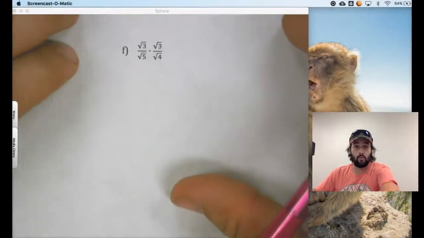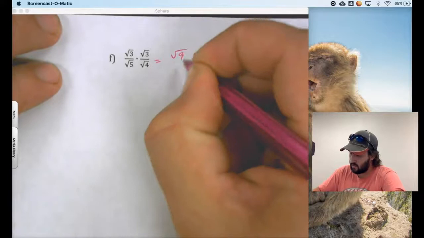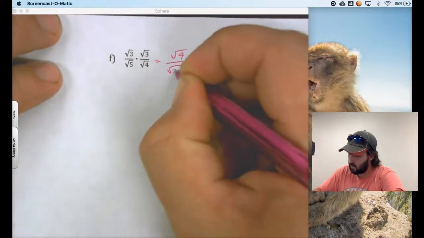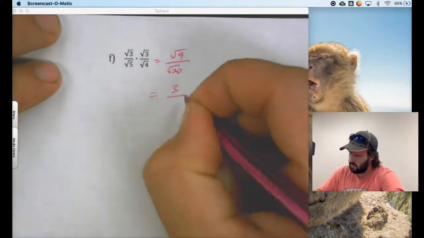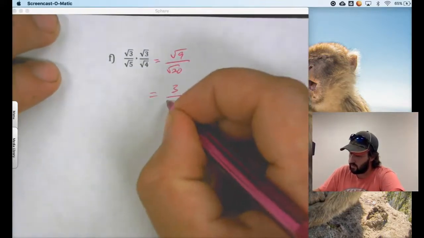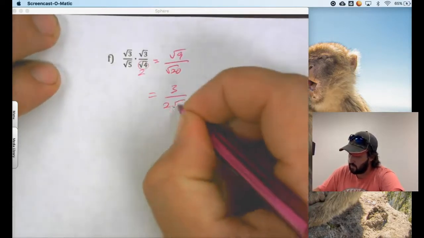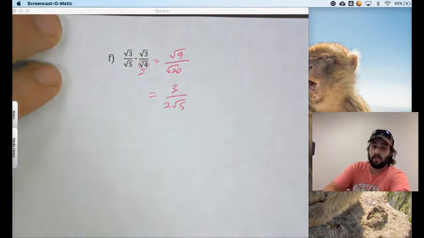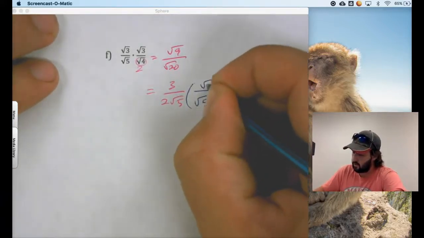All right, one more. So I have root 3 times root 3 is root 9 over root 20. So that will give me 3 over root 20, which is also 2 root 5, right? Because that's 2 root 5. So I'll rationalize the denominator again here. I'm going to multiply by root 5 over root 5.